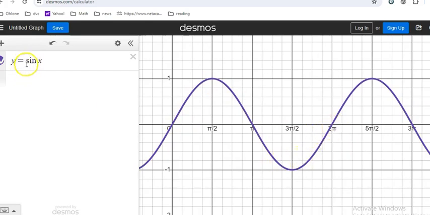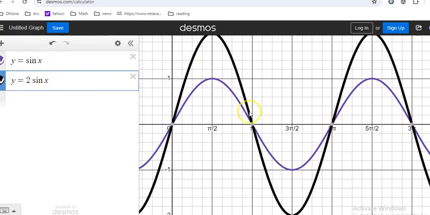What happens if I multiply it by 2? What do you think? It would be a vertical stretch, so the graph will stretch up. At 0 it doesn't change, and it still terminates at 2 pi, right? What happens if instead of 2, I do 1/2?